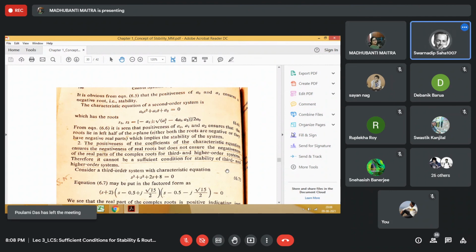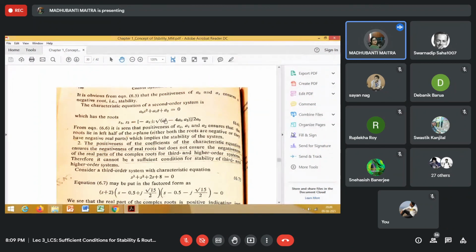Ma'am, would you repeat? Have you understood this characteristic equation? Yes, ma'am. A0 s square plus A1 s plus A2 is equal to 0. So the root locations s1 and s2 will be given by this equation, minus A1 plus minus root over A1 square minus 4 A0 A2, whole divided by twice A0, that you know. Yes or no?